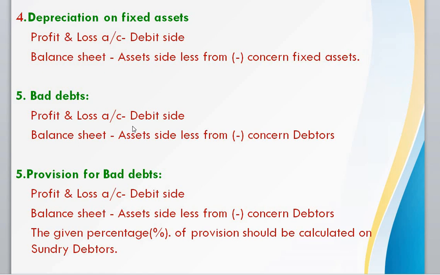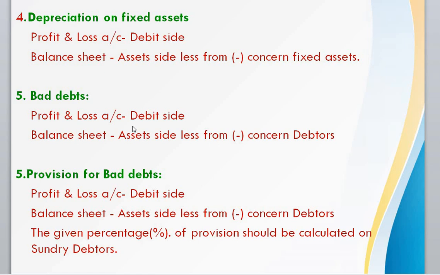So the given percentage should be applied on the fixed asset, and we get the amount of depreciation. Now the amount of depreciation should be recorded in profit and loss account debit side as well as in balance sheet asset side by deducting the depreciation amount from the respective asset.